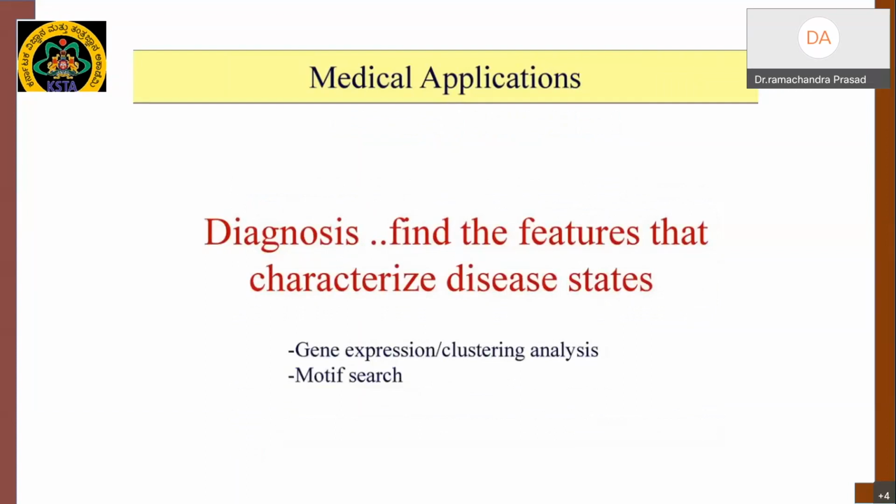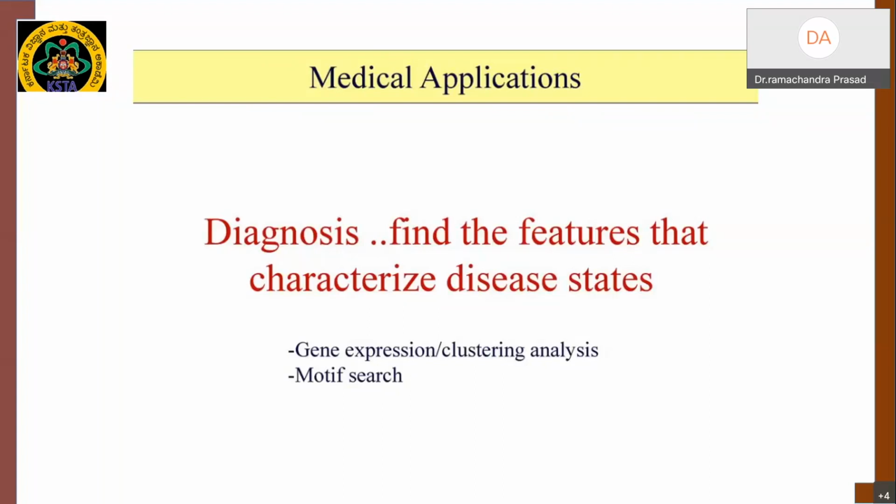Let's say you take a healthy cell and a disease cell or cancer cell. Both the cells you can analyze using this gene expression methodology, the DNA chip technology. So we can understand which genes are expressing and which are not. Further analysis can be done by bioinformatics.